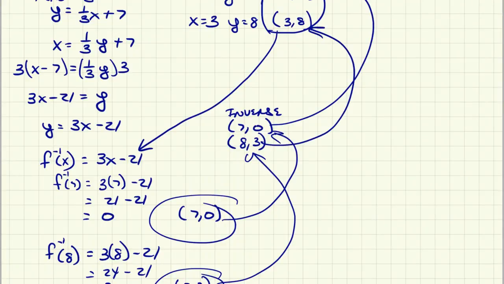All right, so that's basically what we're dealing with when we're dealing with inverse relations and inverse functions. And remember that the point of all of this is relatively simple, like the examples that I used at the beginning.